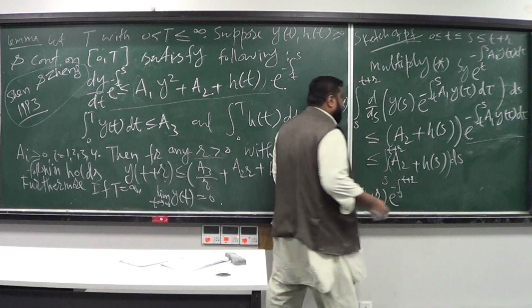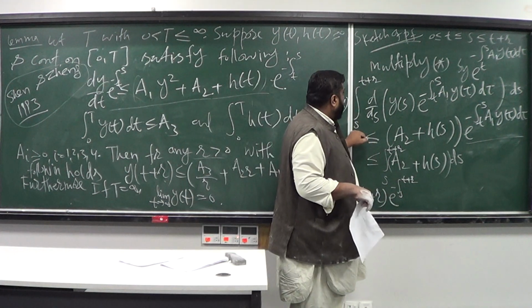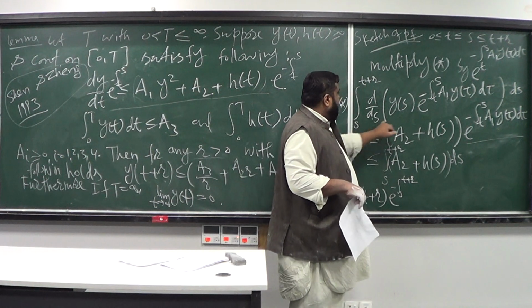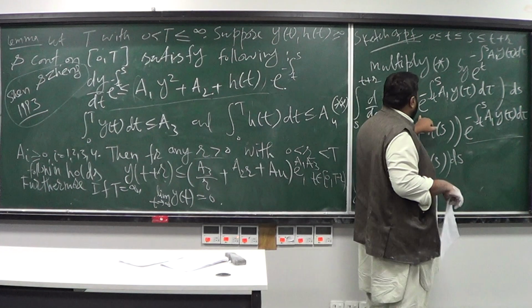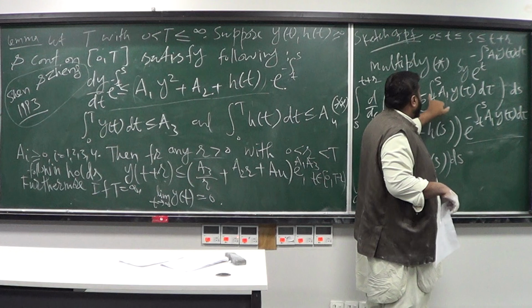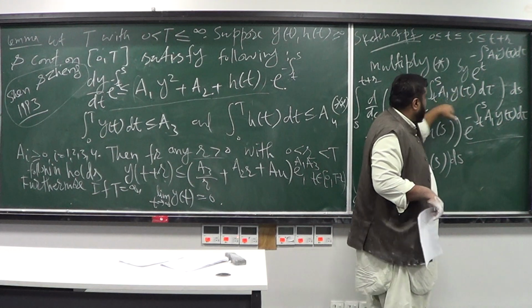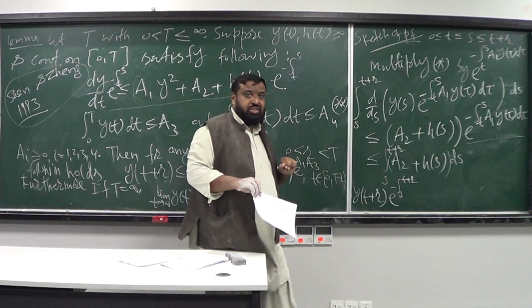And the second term is going to be what? In the second term you need to put s. So this y of s will become y of s, and this exponential will become what? S to s actually. So this is going to be 0, and hence this exponential is going to become 1. So what is going to remain is really y of s.